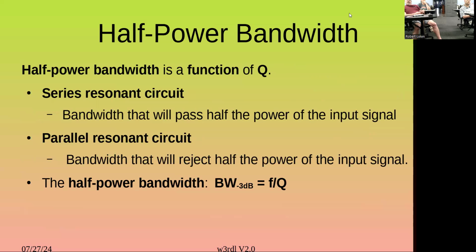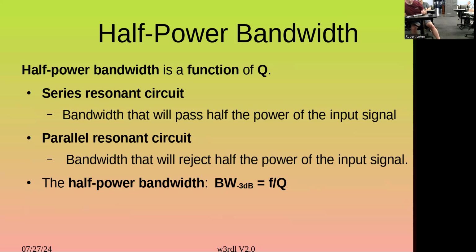Okay. Half power bandwidth. It's also a function of Q. So for a series resonant circuit, it's defined as the bandwidth that will pass half of the power of the input signal. So in other words, you're going to have a signal coming into that circuit, and at a lower frequency, it's only going to pass a small portion of it.